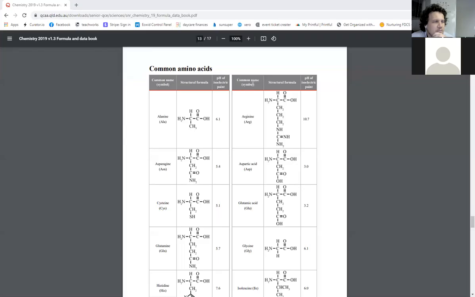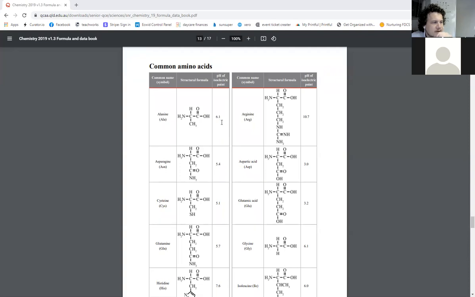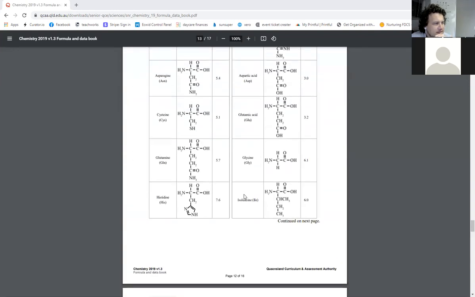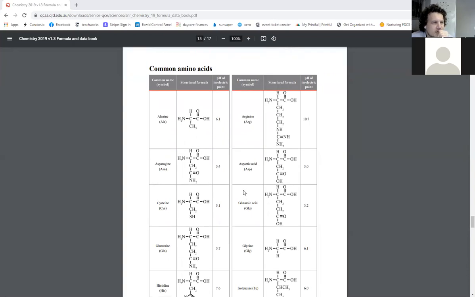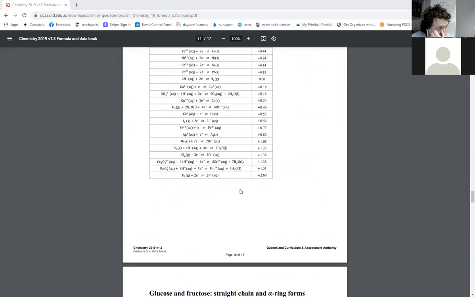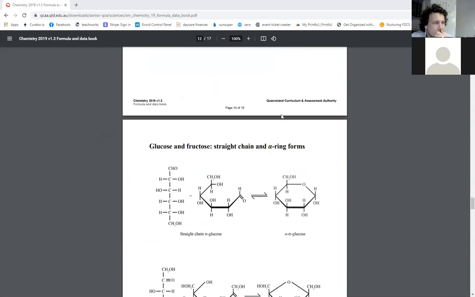You're given the common amino acids, as well as their isoelectric point, something we'll go through later on. You're given the 20 common amino acids there. You should have this printed and be referring to it in class as well. It has everything you need to know to answer the question.